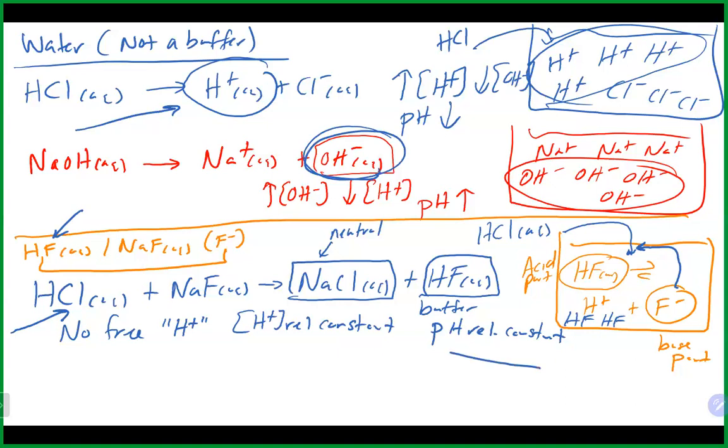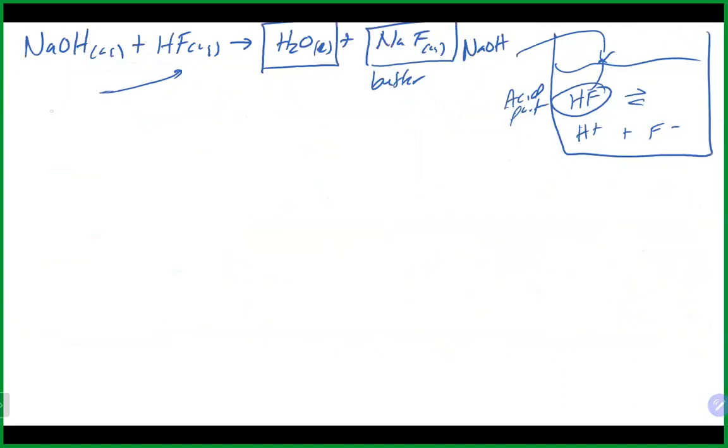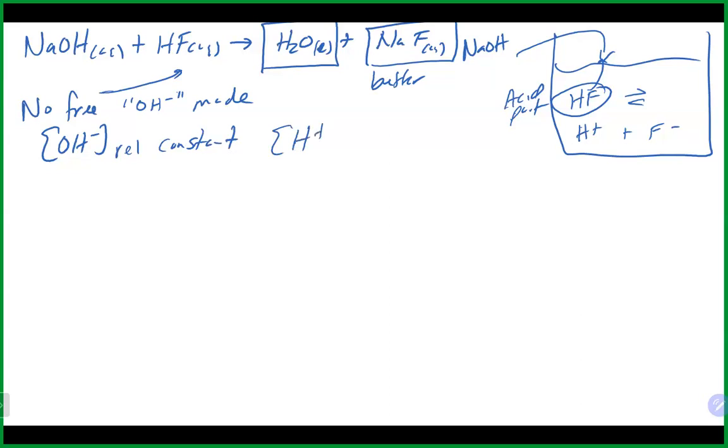And in this case, when we add it to our buffer, we have no free OH minus being made, which means because the OH minus concentration will stay relatively constant, and because H plus is tied to that, the H plus concentration will also stay relatively constant. And that means that we will end up with basically the pH staying relatively constant.